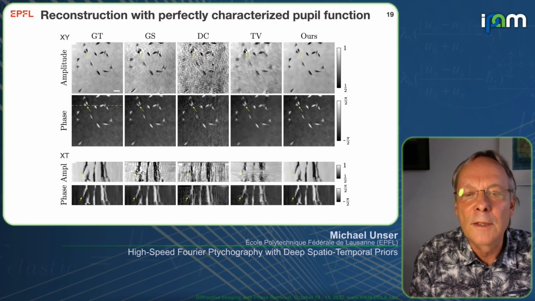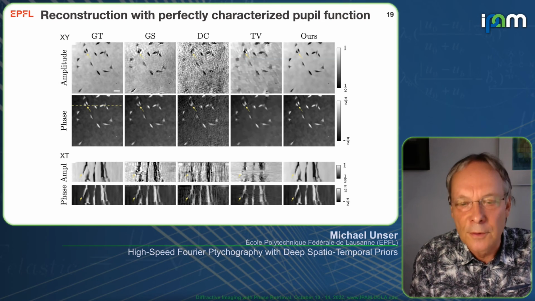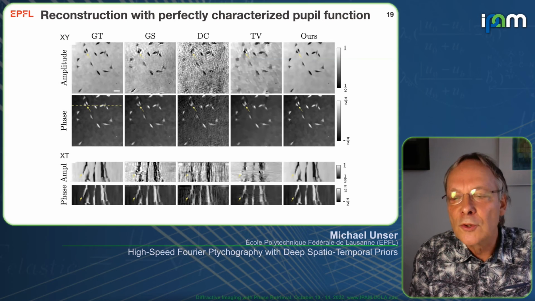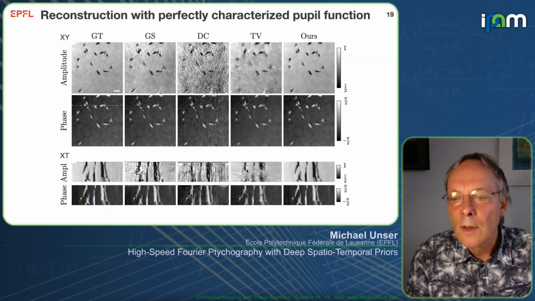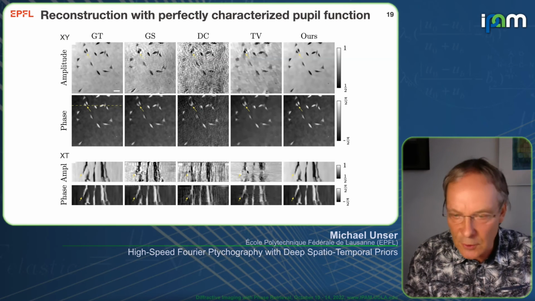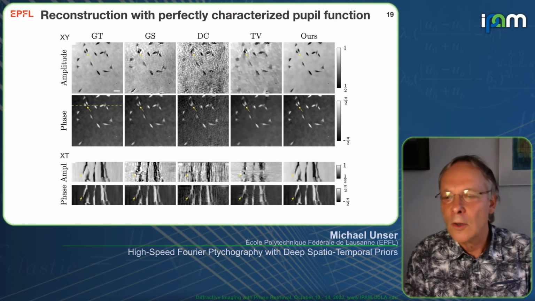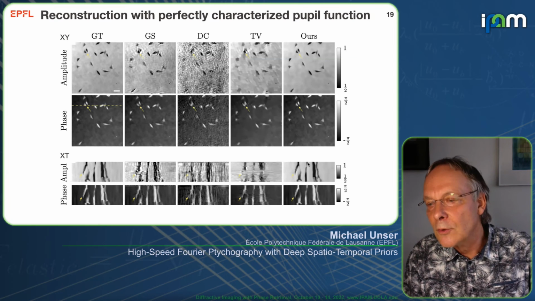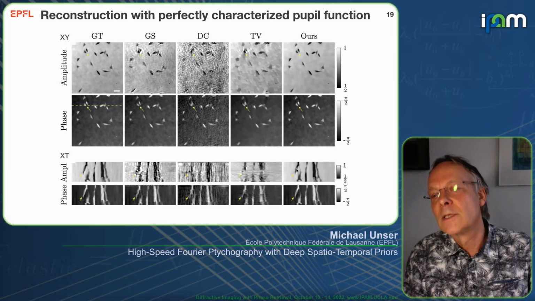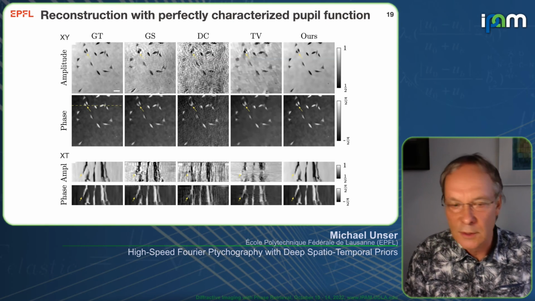Now, if you look here, it's not so good. Lots of noise. Here also with the total variation, it gets a bit lost. It's also a bit normal because there's not so much regularization along the temporal dimension. And with our technique, you see that it's really not static. You see that there are changes in time.